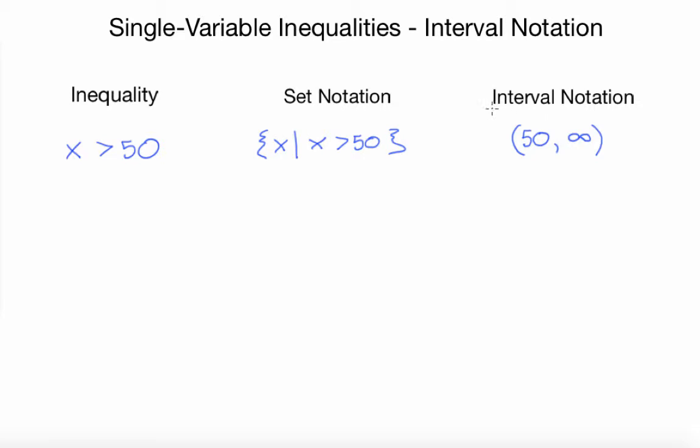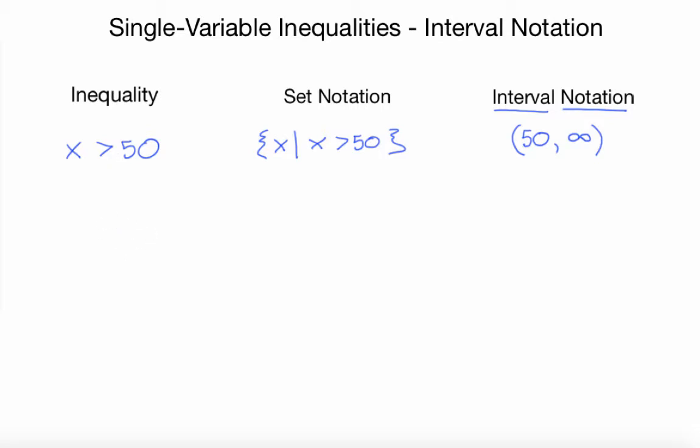Be careful: interval notation is not representing a point. It's representing a range of numbers that are possible solutions. So this interval notation means the same as this set notation, which means this same inequality: all the solutions are numbers greater than 50.